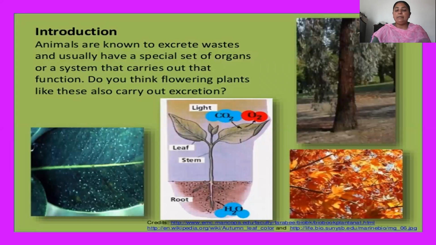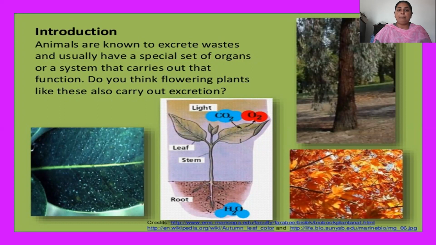Yes, children, as you know, animals excrete waste, and they have a special set of organs or systems for the excretion of nitrogenous waste products. In flowering plants too, they are involved in the excretion of waste products.